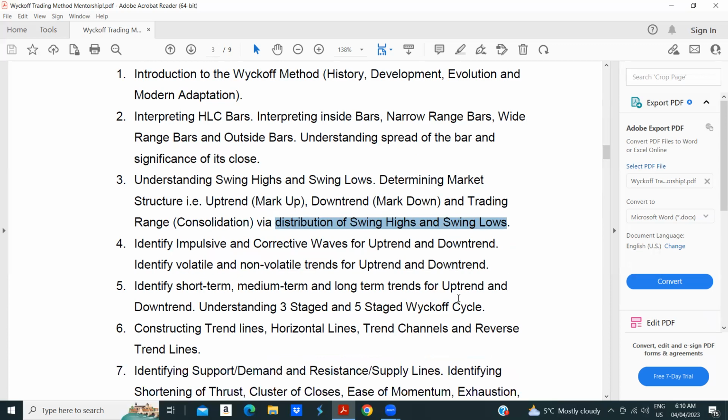Once we are done with it, we're going to head for the impulsive and corrective waves that develop during the uptrend and downtrend. We will also identify the volatile and non-volatile trends for the uptrend and downtrend.